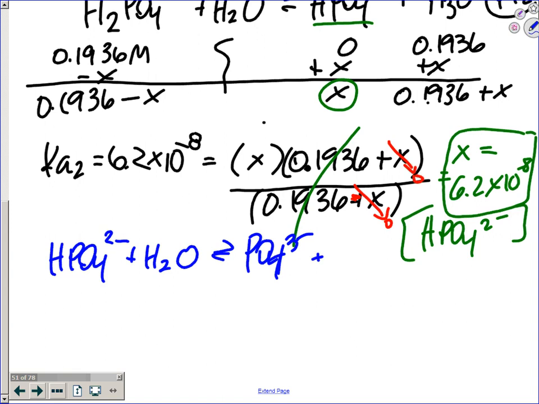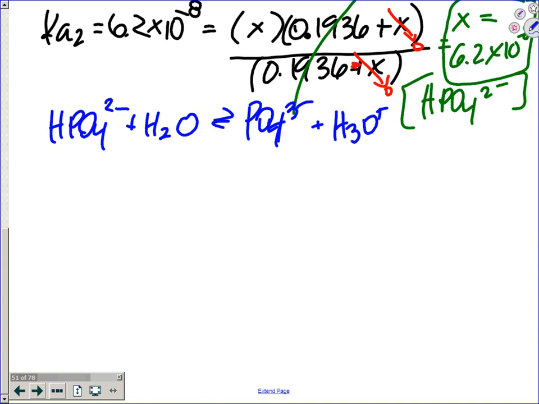And hydronium. Okay, what about initial values do I already know? So I know biphosphate, which is this guy, to be what? 6.2 times 10 to the negative 8 molar. I don't care about water. Do I know phosphate at all initially? No, because it has not even formed yet.